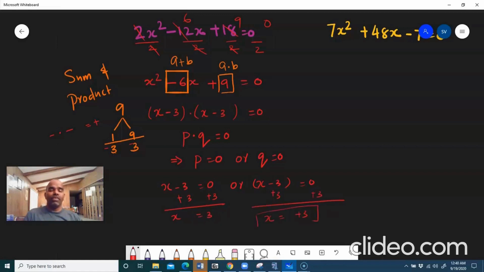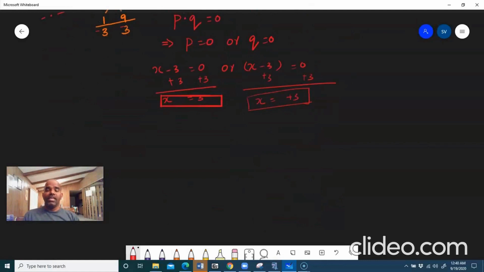So from this what we can say is that the solution of this equation 2x square minus 12x plus 18 equal to 0 is x is equal to plus 3, or positive 3. Okay.